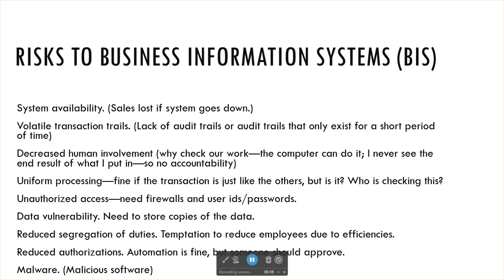How much data, how do you access the data is also another thing to consider. You have a temptation to reduce the number of employees that are required because the work can be done quickly and easily. Well, we do not want to violate our ARC, authorization, record keeping, and custody. We still need to keep that in mind.